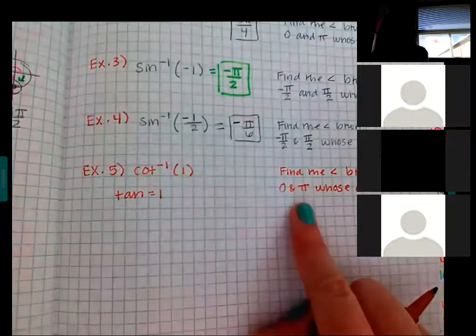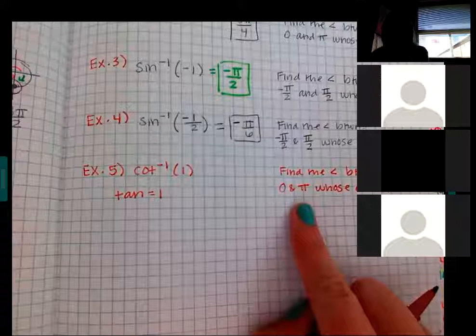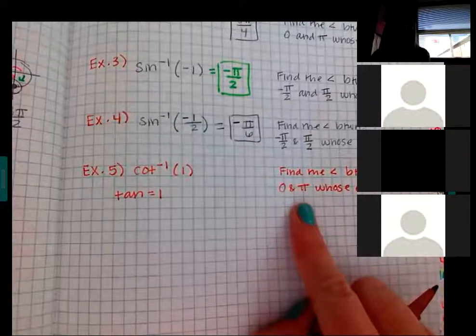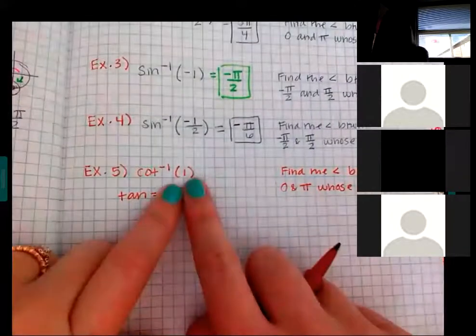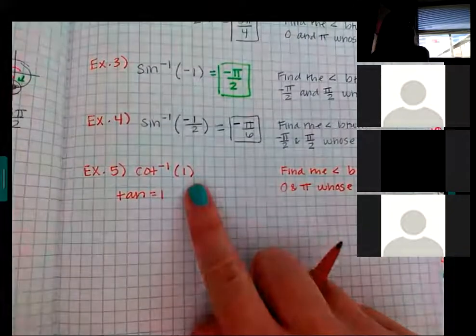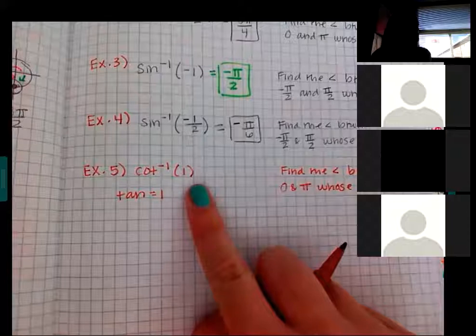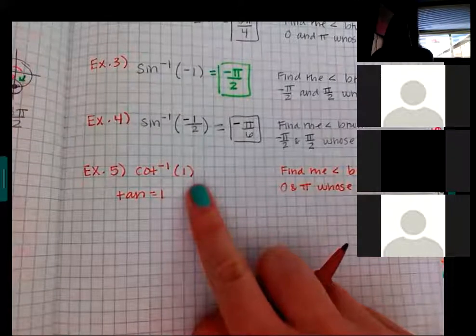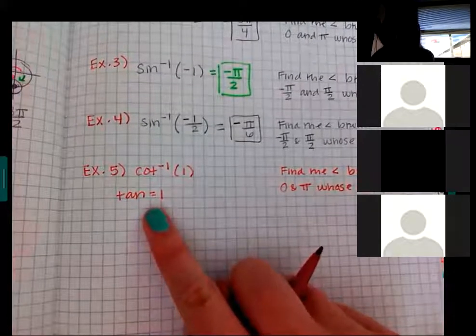What do we know about the tangents in quadrant 2? They're negative. Good, Drake, because in quadrant 2, you have a negative x and a positive y. So when you do positive y divided by negative x, you're going to get a negative. What do I want? So what quadrant am I looking in? Quadrant 1. Good. Is everybody okay with that part? What angle, when I divide the y and the x, do I just get 1?